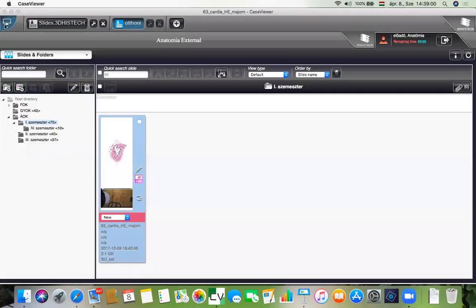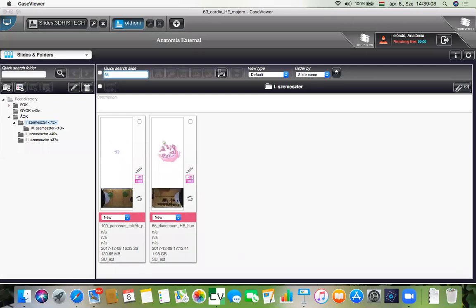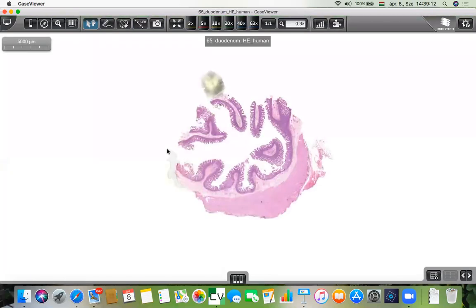Let's move on. Let's see the duodenum, slide 65. The duodenum is the first part of the small intestine. In the small intestine, we can mention 3 important surface increasing structures, such as the Kerckring folds.